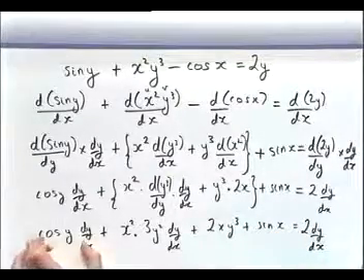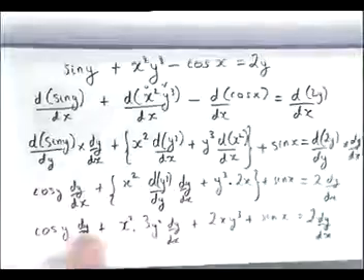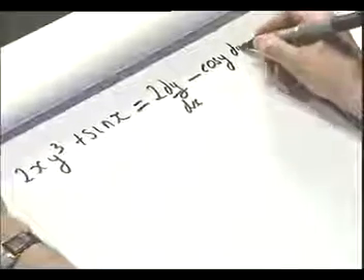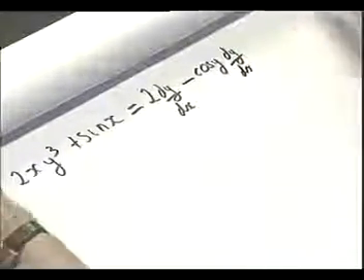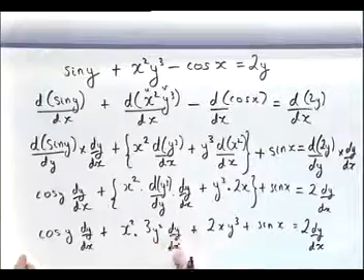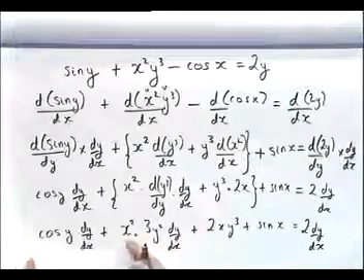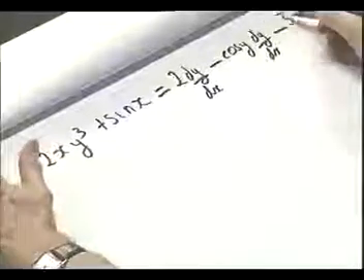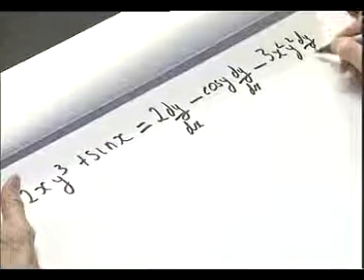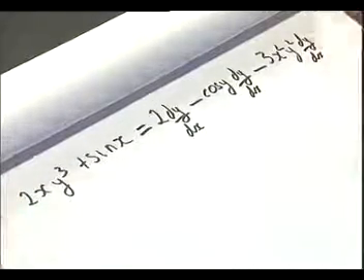So we're going to take away cos y dy by dx on both sides, minus cos y dy by dx. And then we're going to take away the other term. This is the x squared times 3y squared dy by dx. I'm going to write that a little bit differently when I do it. So we have minus 3x squared y squared dy by dx.